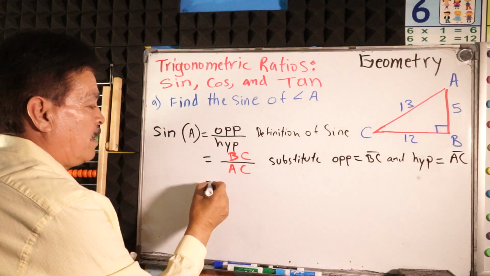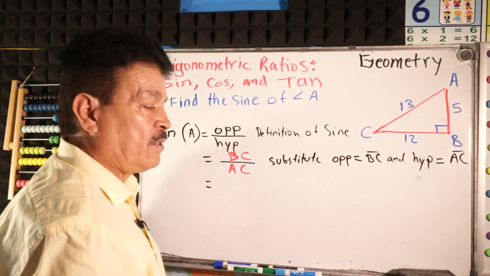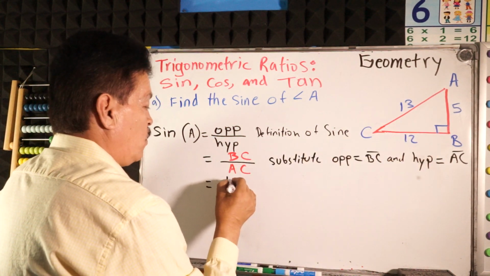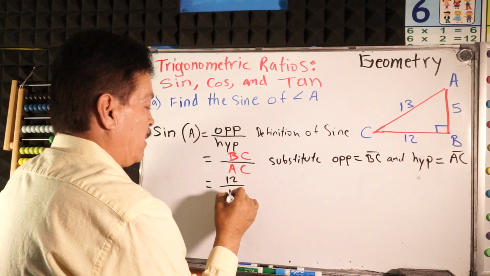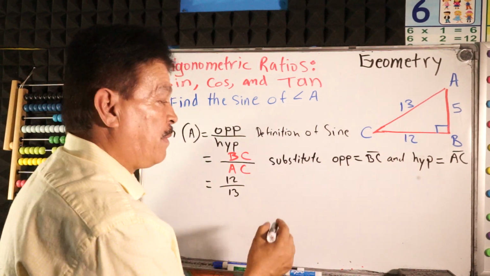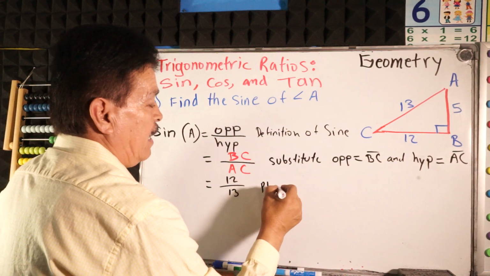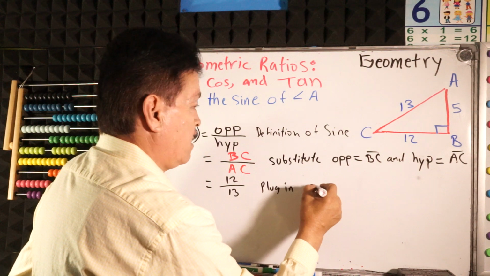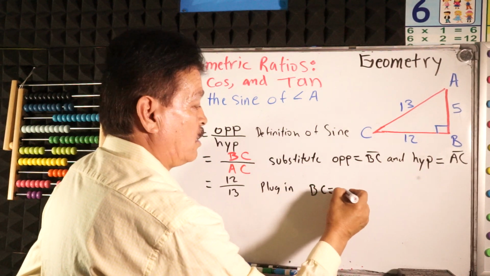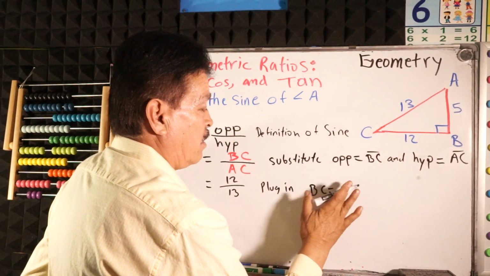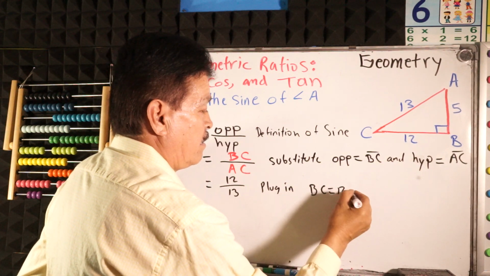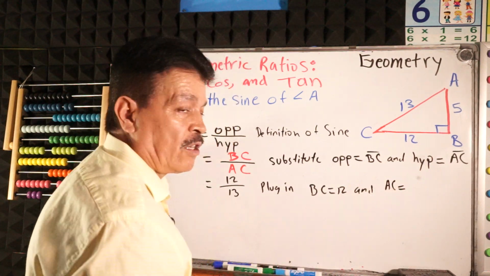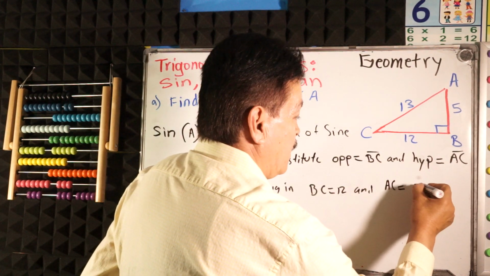So next step, give me the values. How much is it? The values are 12 divided by 13. So this step is to plug in: BC equals 12 and AC equals 13.